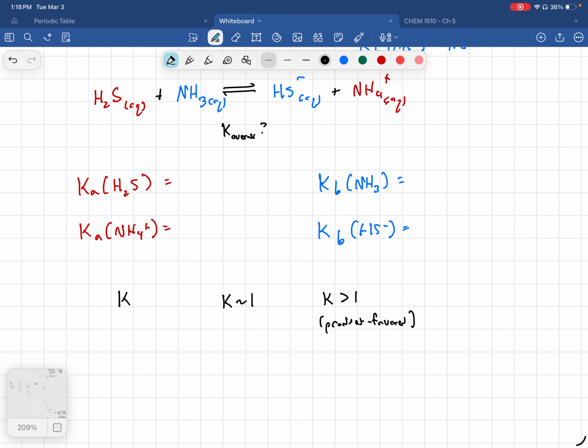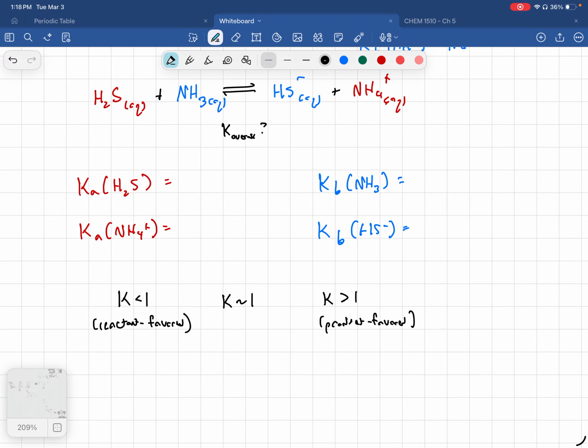Or is K going to be less than 1, reactant favored? Well, let's look. Let's calculate these values.